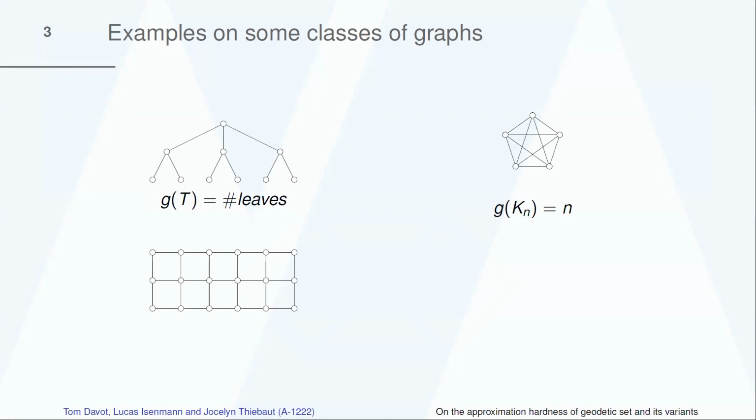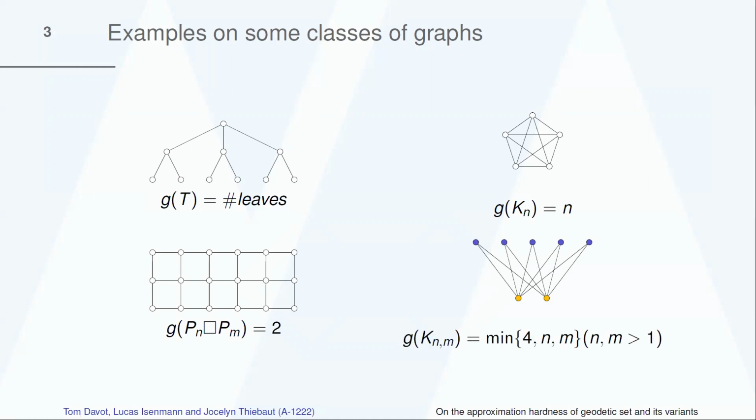For grids, it's a little bit trickier, but it's still easy. You just have to take, for example, opposite corners, and you cover all the vertices by the shortest paths between them. And for complete bipartite graphs, you need at least two.